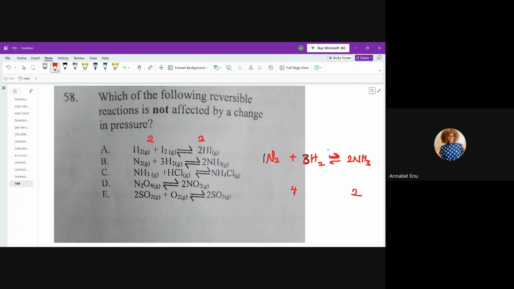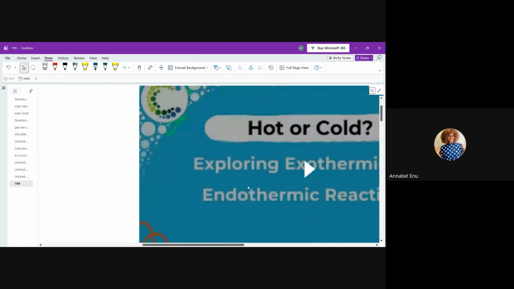Now, for us to determine if this is shifting to the right or to the left, remember what I told you to take note of earlier on: equilibrium shifts away from the side with more number of mole when pressure is being added. Let me take it back for you all to see it.